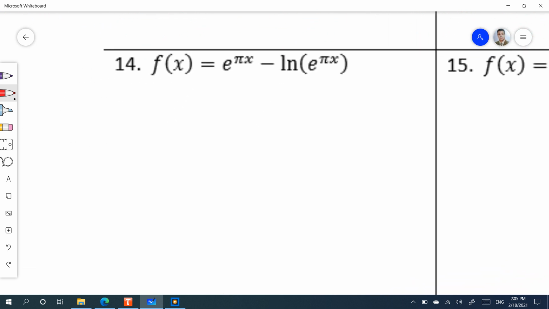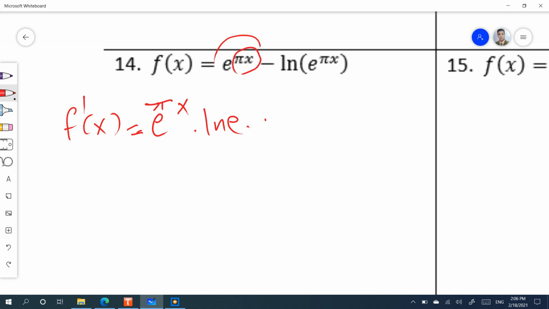It is always the same work as we see. The derivative of this function f of x equals, here the derivative of this part, the same exponential function e to the power pi x ln e, times the derivative of this part, equals pi, minus this part the same.